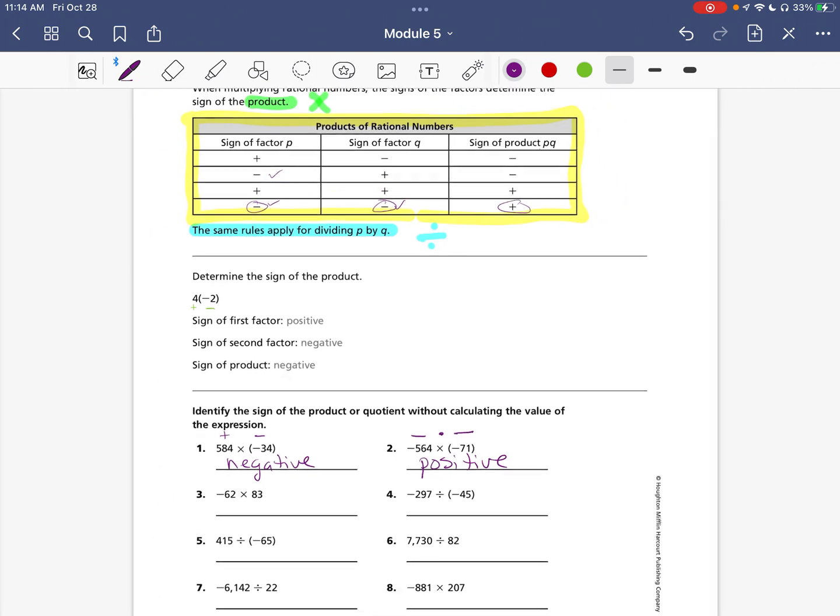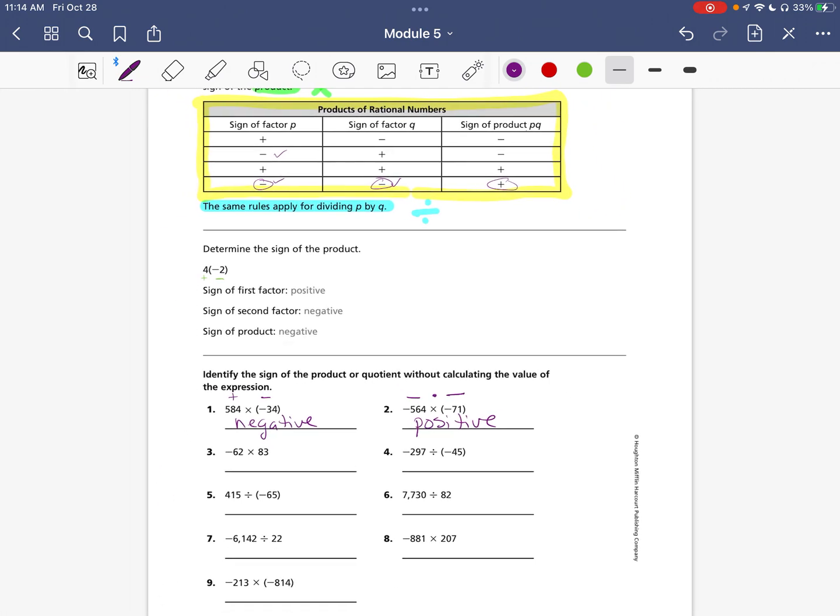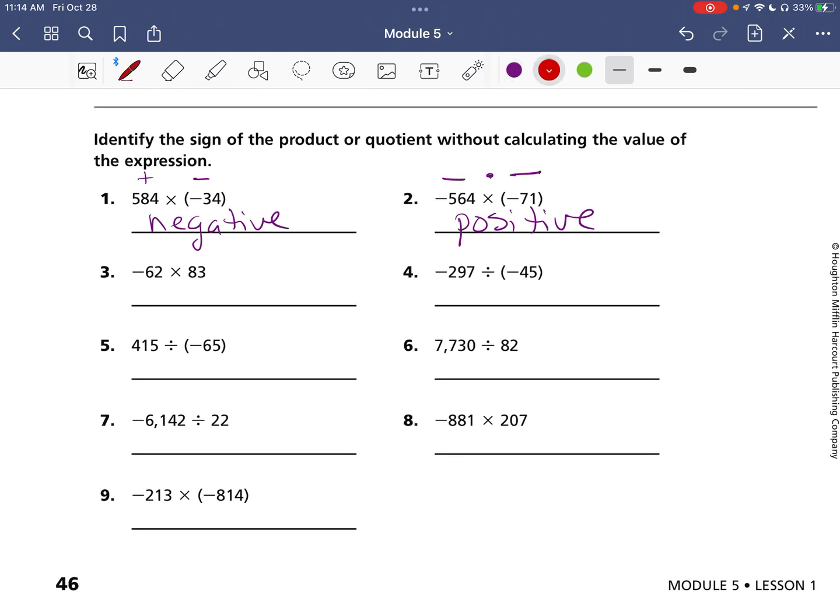Okay, so go through the rest of these. I would definitely start by writing the signs. So start by here. You can go negative times a positive. Negative divided by a negative. Again, I have a positive divided by a negative. The same rules apply, whether it is dividing or multiplying.